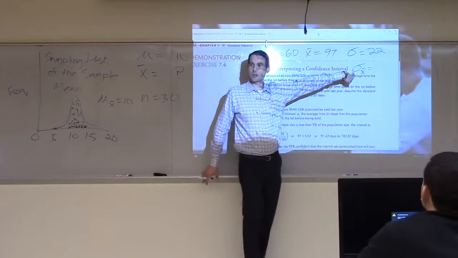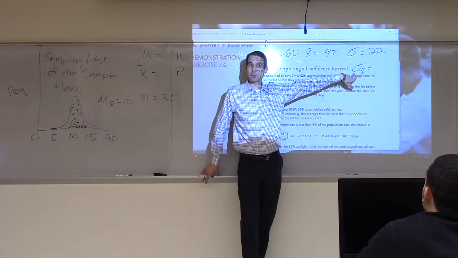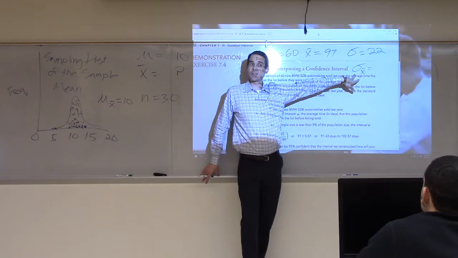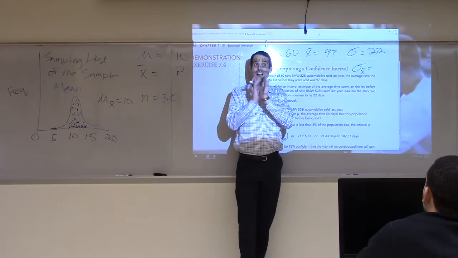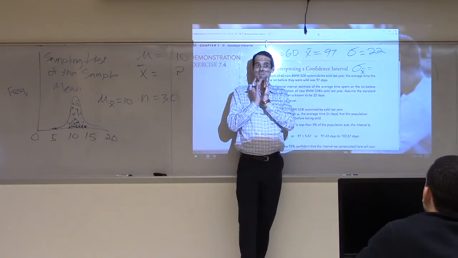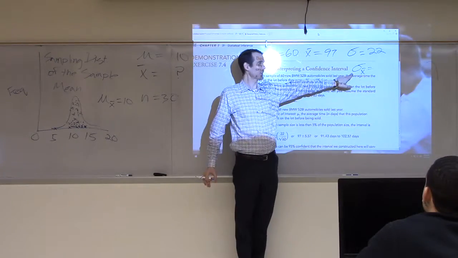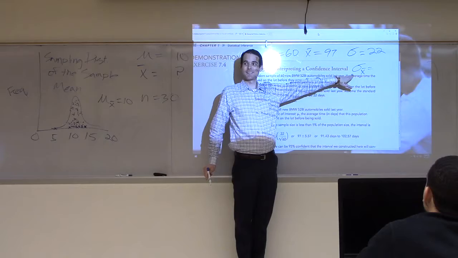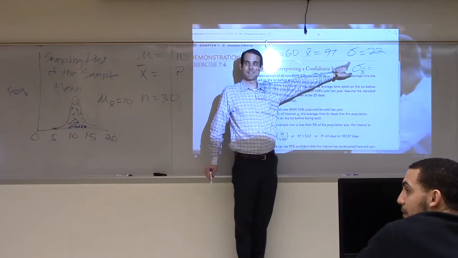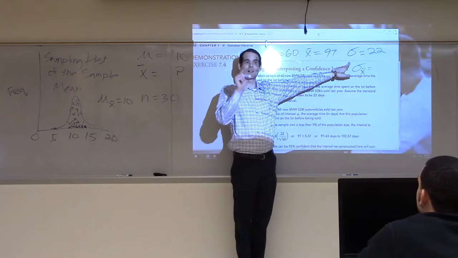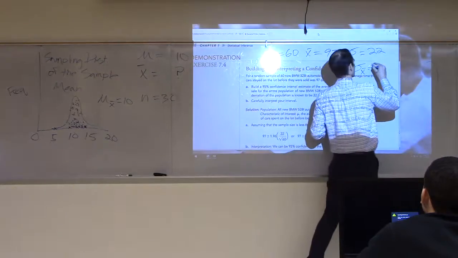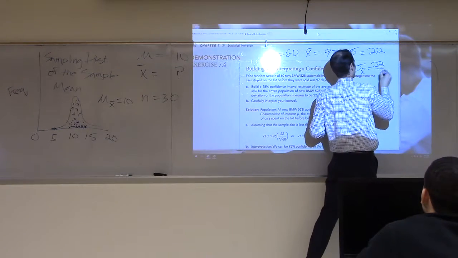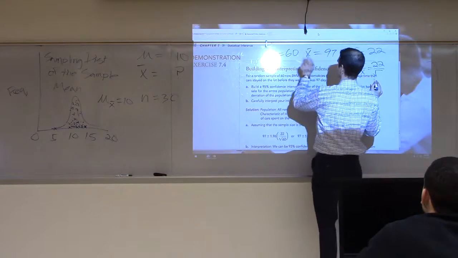Remember, the standard deviation of the sampling distribution of the sample mean is taller and skinnier, it's smaller. Do you remember how that's calculated? The standard deviation divided by the square root of the sample size. So this is 22 divided by the square root of 60.